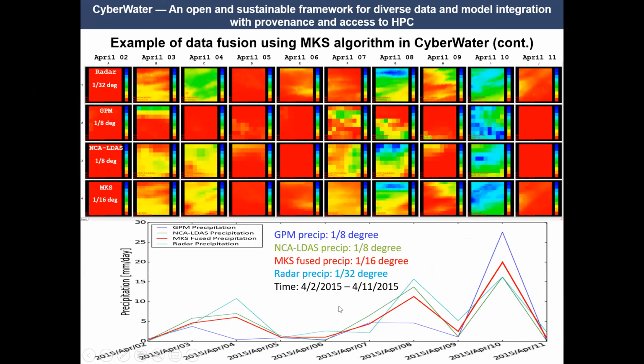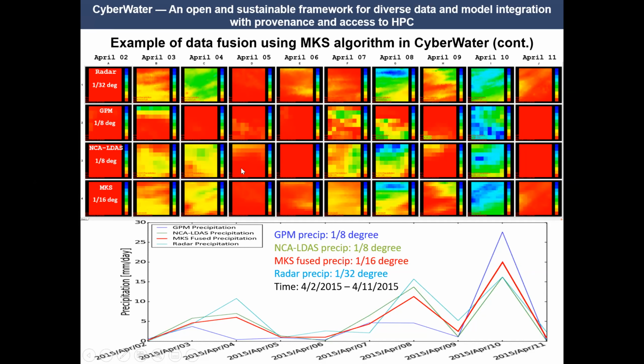Here are the results. So the first row here shows the radar precipitation data product that are brought into our CyberWater system. And it is displayed at 1/32 degree resolution. The second row shows the precipitation data product from satellite, the GPM satellite. It is also displayed at a 1/8 degree resolution.